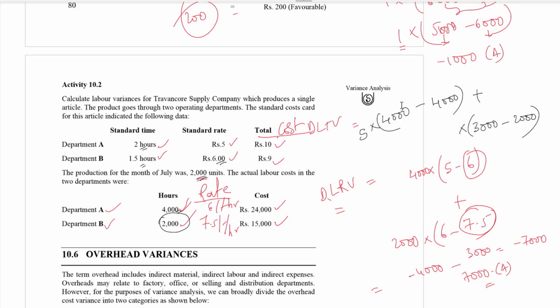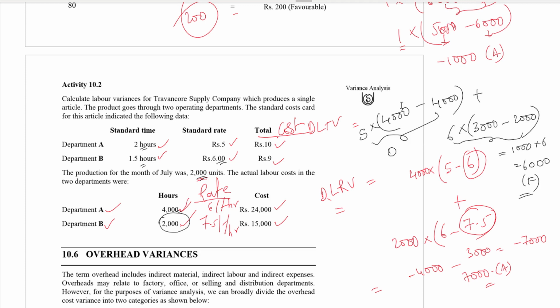The estimated rate is 6 rupees. Department A is 0 because there is no change in time. Efficiency remained the same. And for department B, the change in time is 1,000 into 6, so 6,000 is a favorable balance for the company.